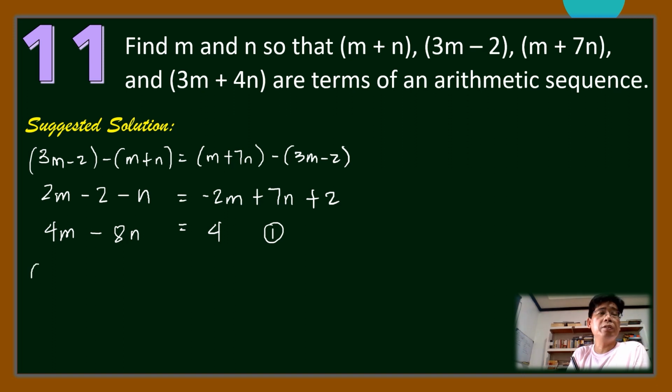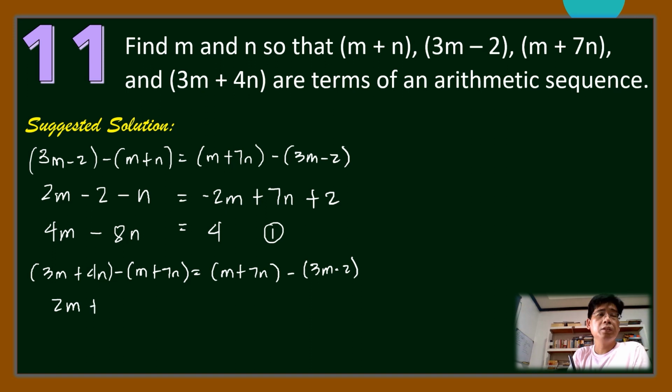Also, the difference between the fourth term, 3m plus 4n, and the third term, m plus 7n, must be equal to the difference between the third term and the second term. Simplifying, we have 3m minus m is 2m plus 4n minus 7n.